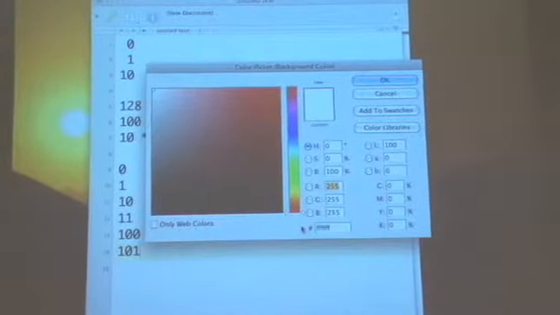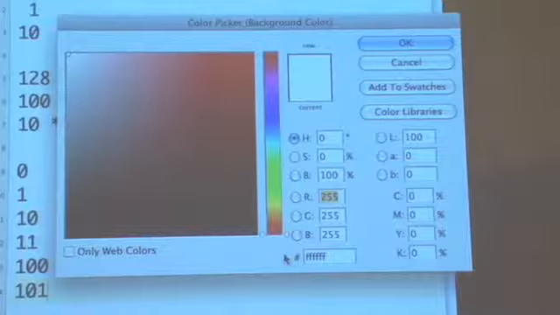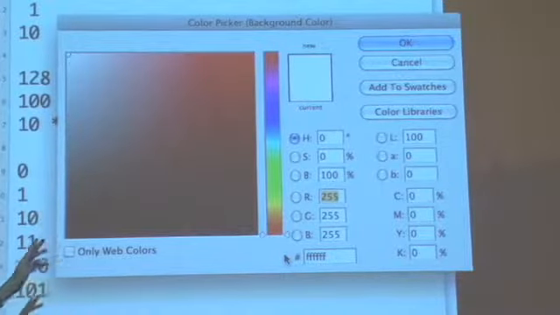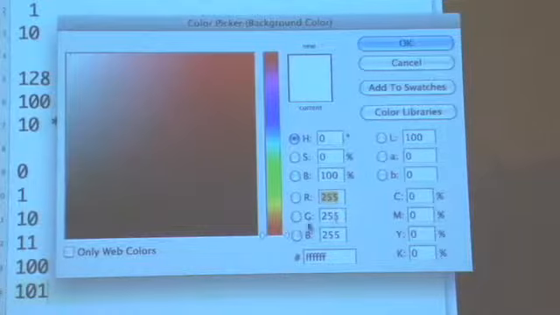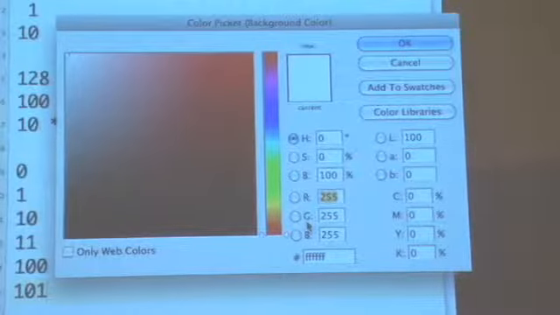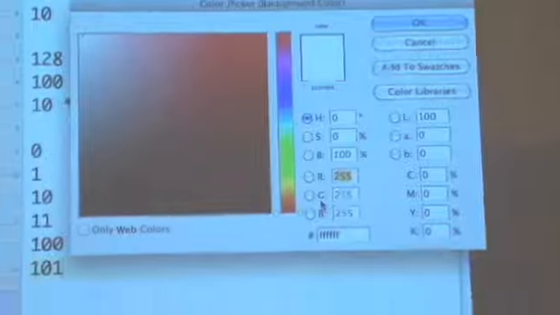So you might have seen something like this. This is Photoshop's color picker, where you can pick a color among all of the ones that are available to you. Just to give you an idea, if we have 256 values for red, 256 values for green, and 256 values for blue, how many different colors could we get out of that?